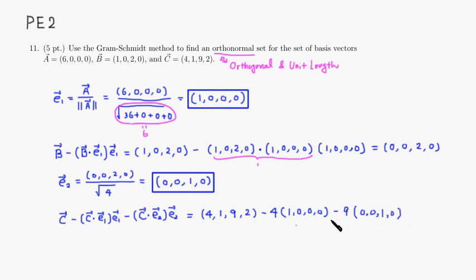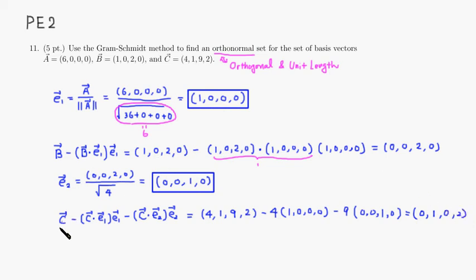Then the first component is 4 minus 4, which is 0. The second is 1 minus 0 minus 0, so it's 1. The next component is 9 minus 0 minus 9, which is 0. Then 2 minus 0 minus 0 is 2.